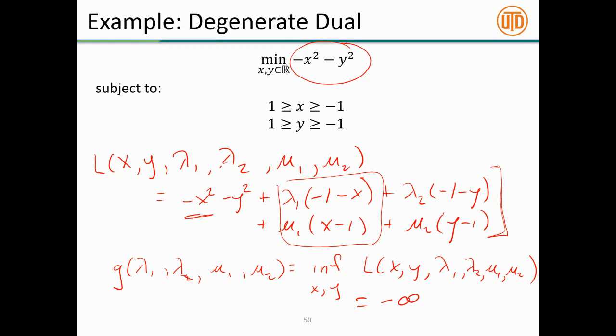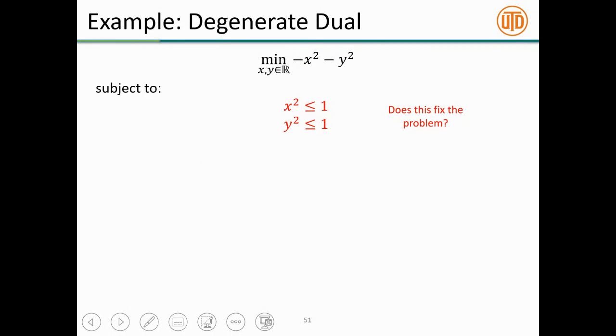It'll be the exact same problem. It'll have the same solution and the same set of constraints. I'm just going to specify them in a different way. And when I do that, it will magically turn out that the dual is no longer as degenerate as it is here. So let me do that.